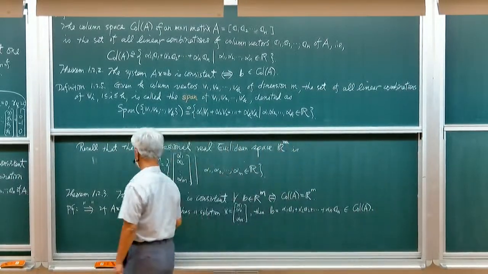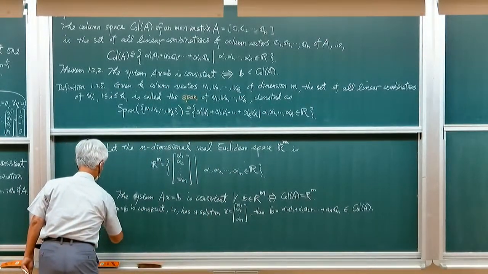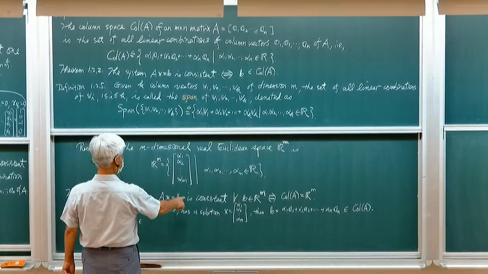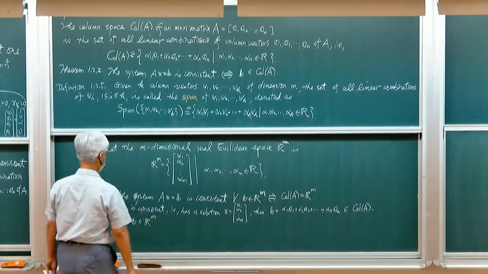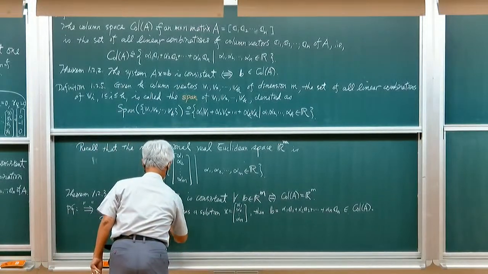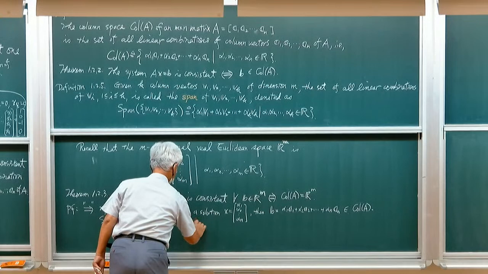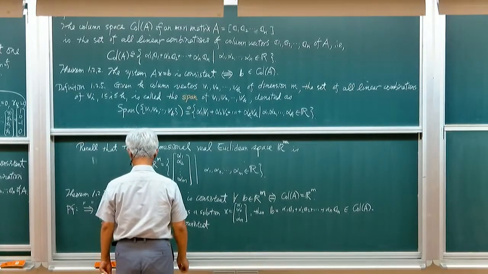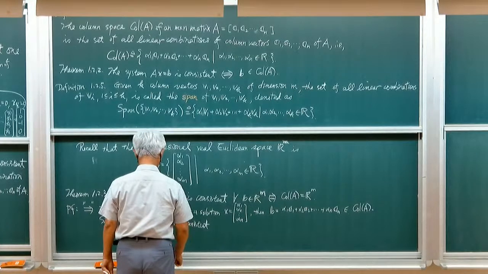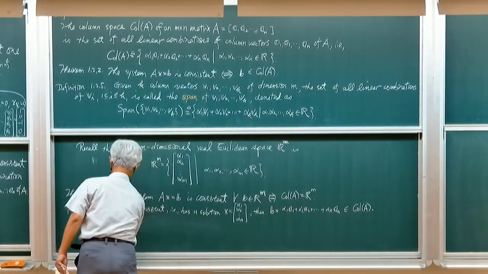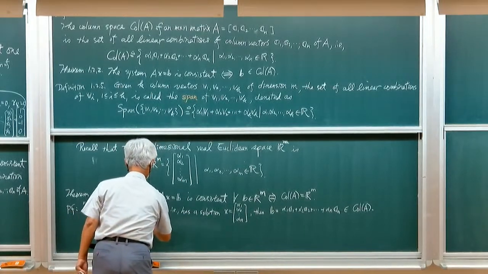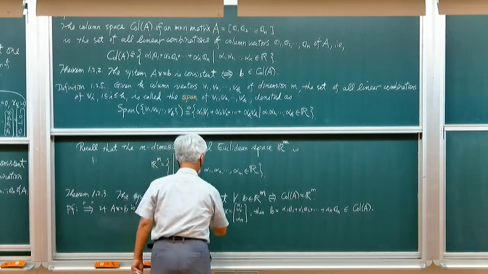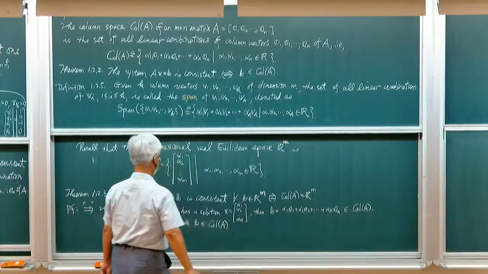All right, so since each B in R^m has a consistent system, B in R^m implies B in the column space of A. Okay.